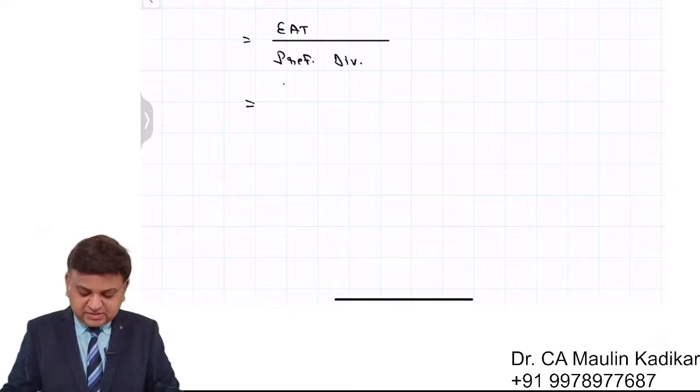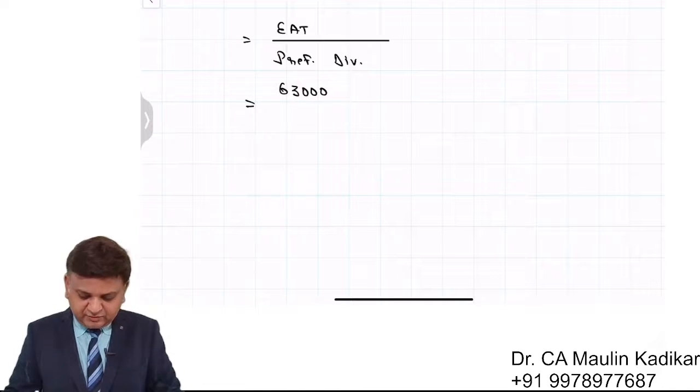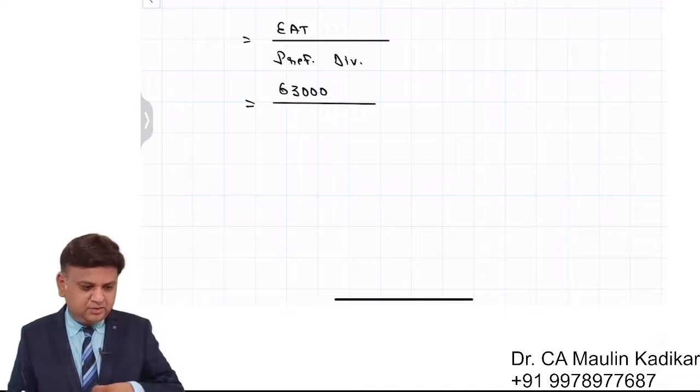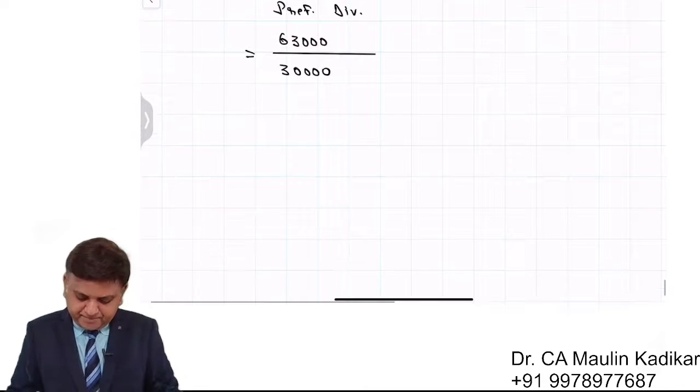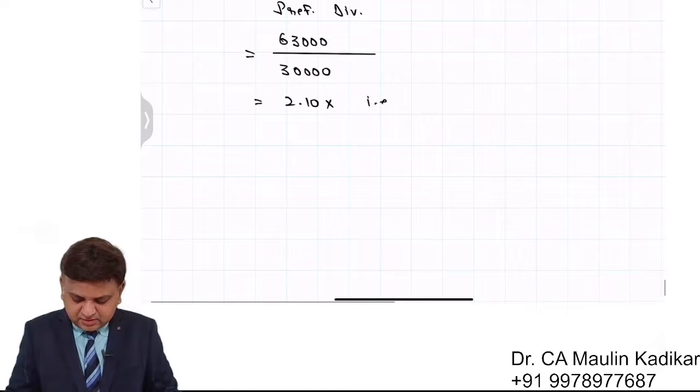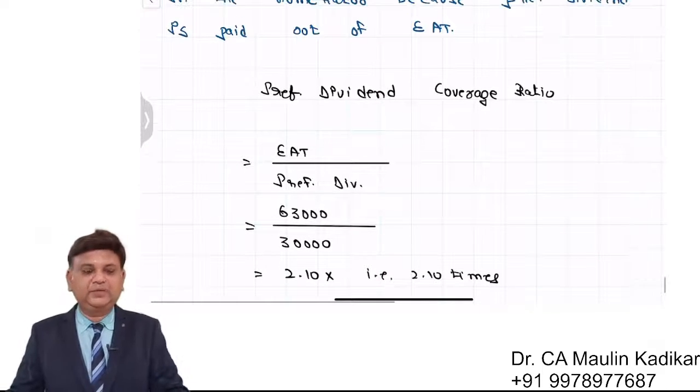Earning after taxes is 63,000 divided by amount of the preference dividend is 30,000. So the answer is 2.10x. That is 2.10 times.